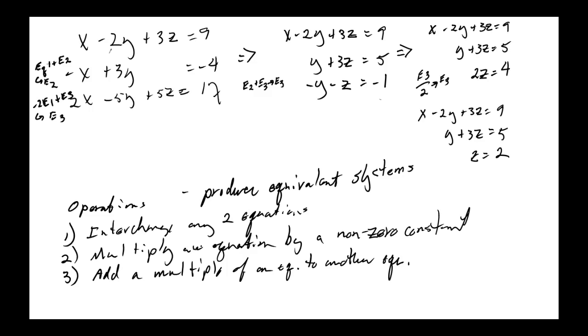That one's in row echelon form because the leading non-zero coefficient is a 1 in all 3 equations, and they step back to the right at least one place each as you go down the equations. And we use these 3 rules to get there, so we know this is an equivalent system. And we've already solved it. Z is equal to 2, y is equal to what? -1 was it?